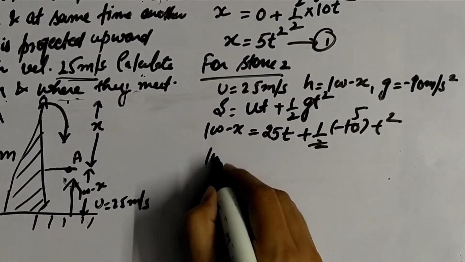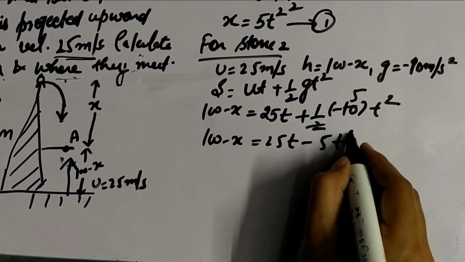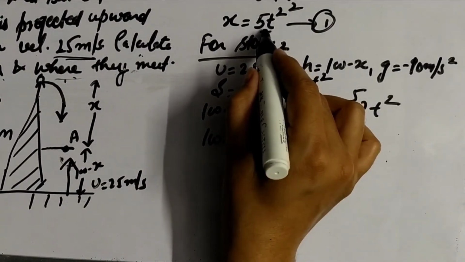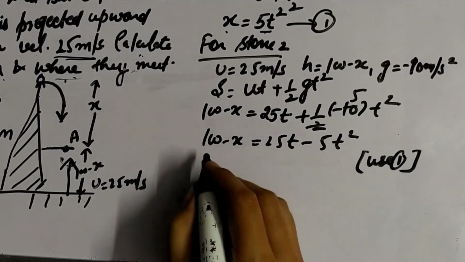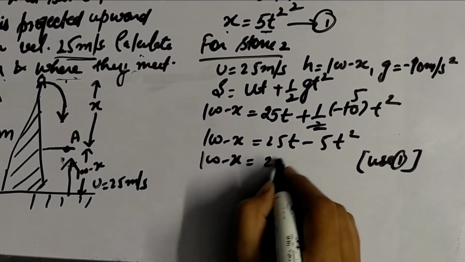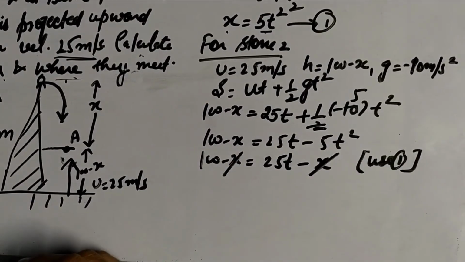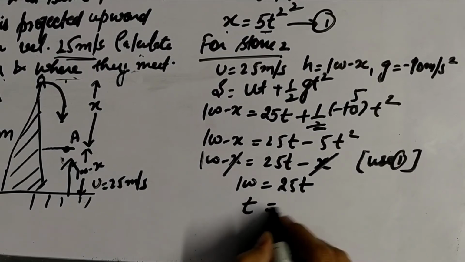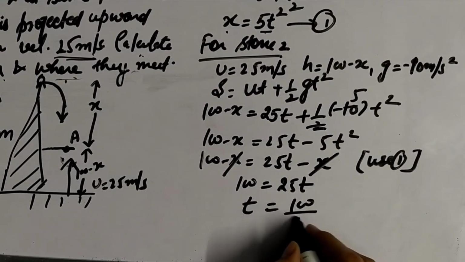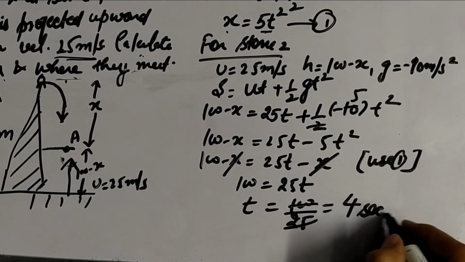What we get is 100 minus x equals 25t minus 5t square. But we know the value of 5t square is x, so using the first equation and putting the value, x minus x cancels, and we get 100 equals 25t, or t equals 100 upon 25, which is 4 seconds.